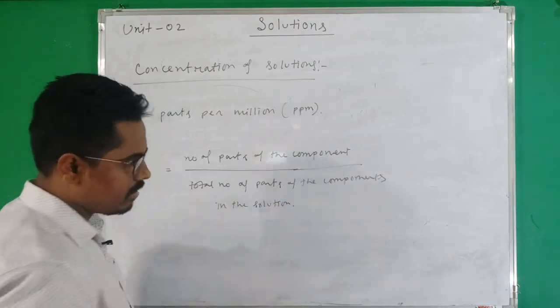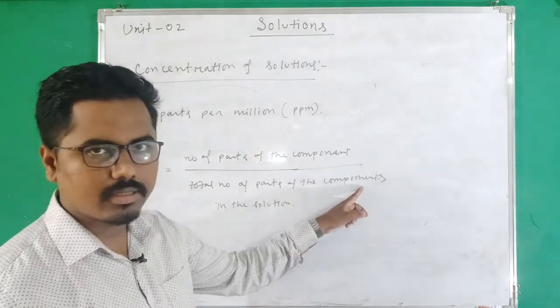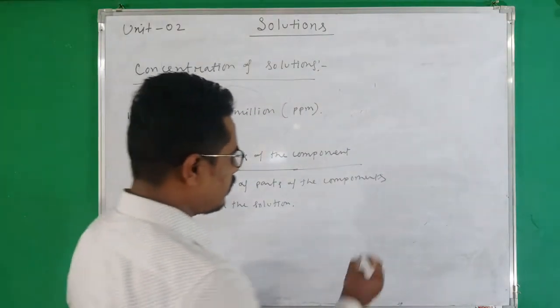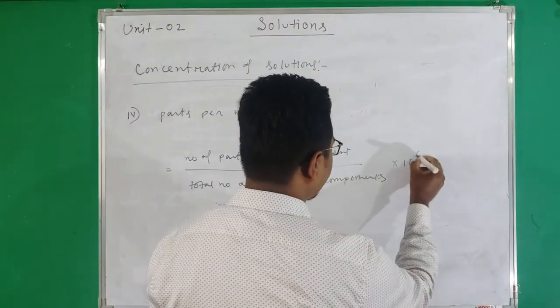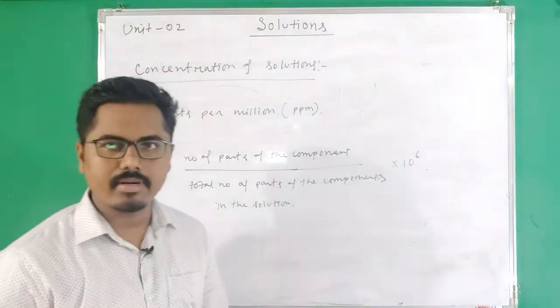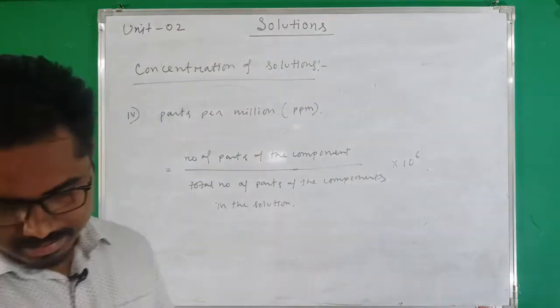Here I write components because in the solution 2 or more components are present, into 10 to the power 6. This is the expression for parts per million.